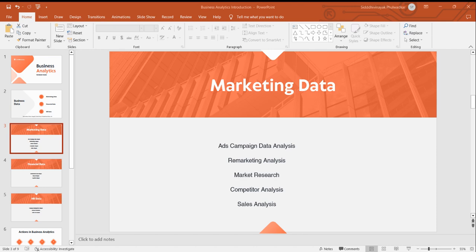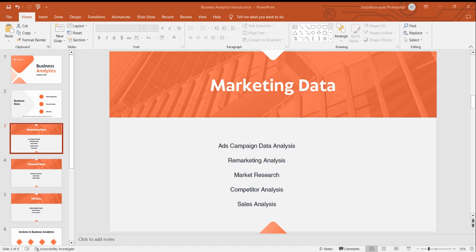We are not currently worried about how the data is generated. We only want the data ready-made. We will analyze that data. That will come under ads campaign data analysis. Similarly, for those customers who have purchased something from our company, we will try to remarket our brand. Correct? If someone has shown some interest in our company, they have inquired, we will show some remarketing campaigns to them.